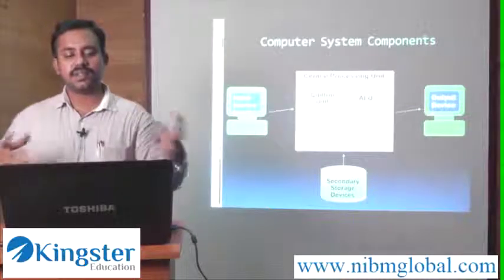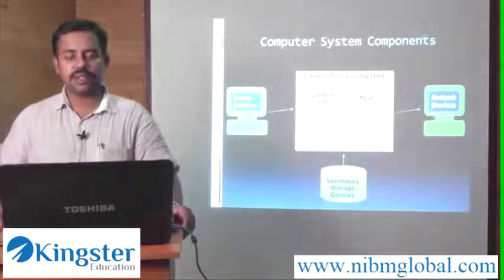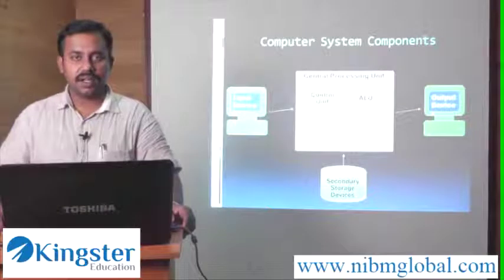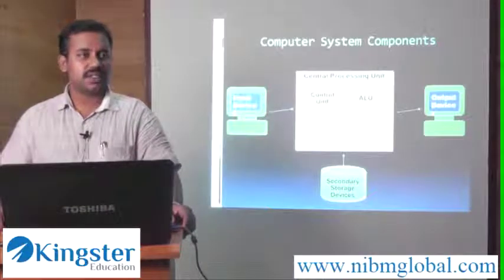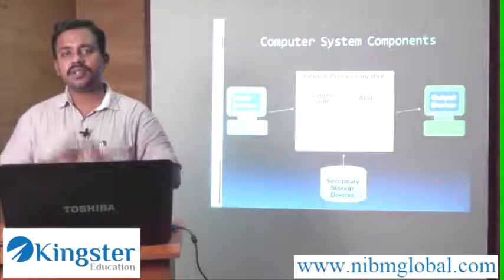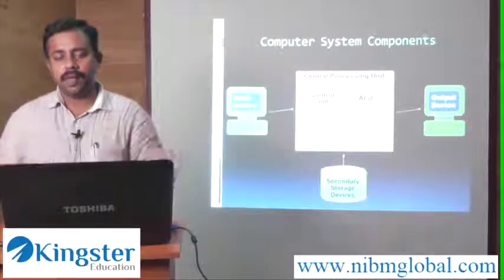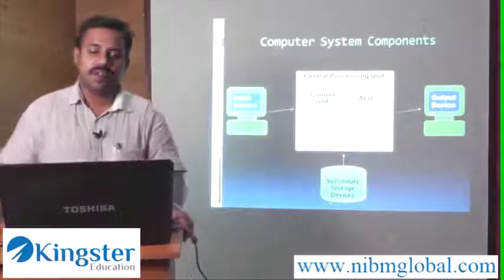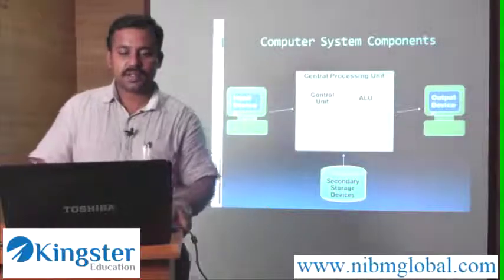So these are the basic computer system components, and a lot of innovation, technologies and developments have happened in this area in order to have a better platform for computing facilities.